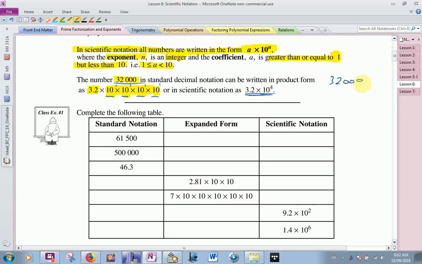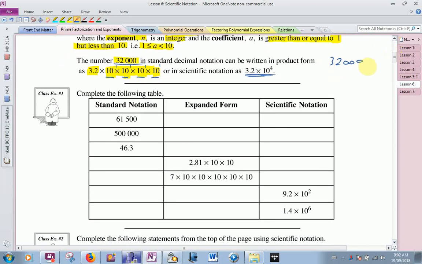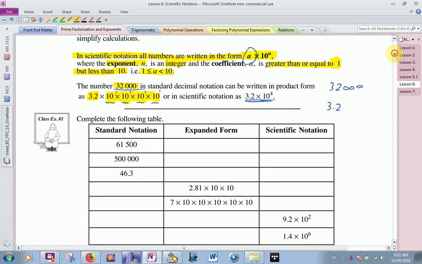If this wasn't laid out in this big lesson, I mean, I wouldn't make you write down all these notes. That's why this workbook's really good, okay? I would just say, look, there's a number. How do I write that in scientific notation? I want it to look like that. I want this A, this coefficient, to be a number greater than 1 and less than 10. So boom, there it is.